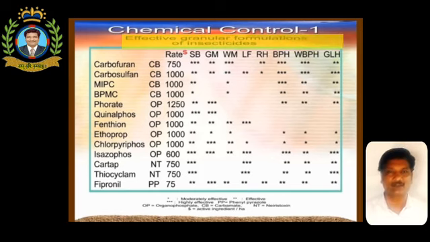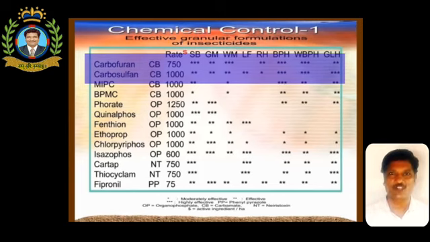There are several being recommended, but the most preferred one is carbofuran CB750, which is giving good results on almost all the major pests. The most effective one is carbosulfan CB1000, which is giving a very good result on almost all the major pests.